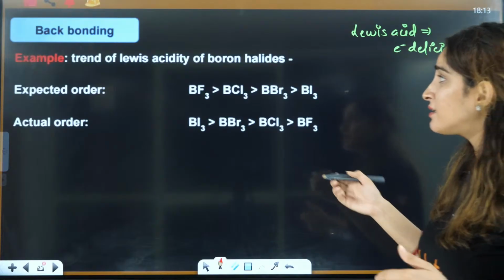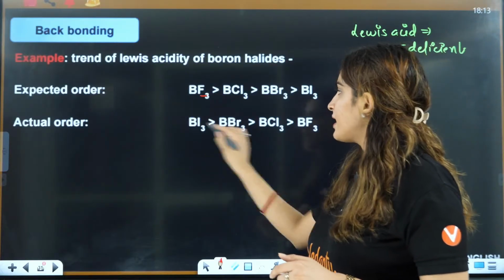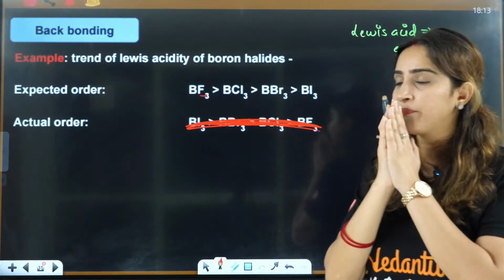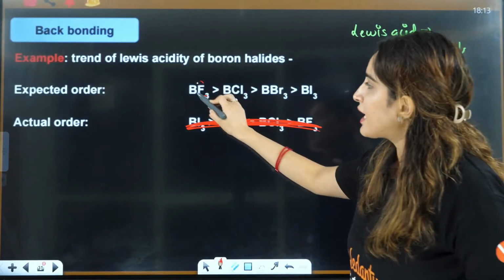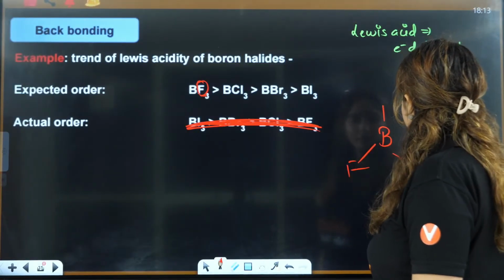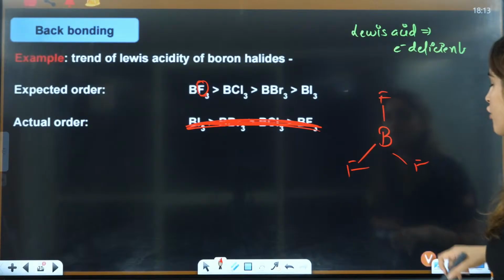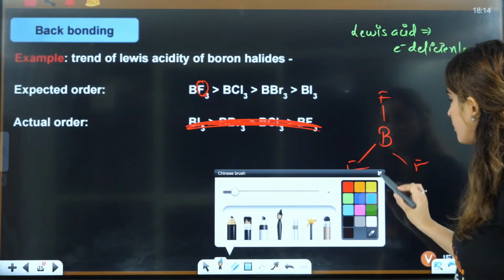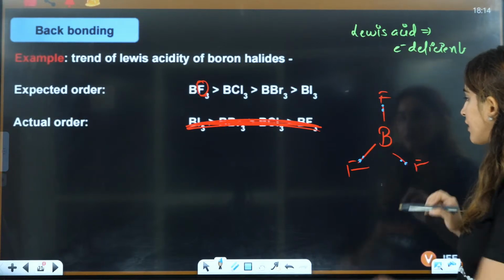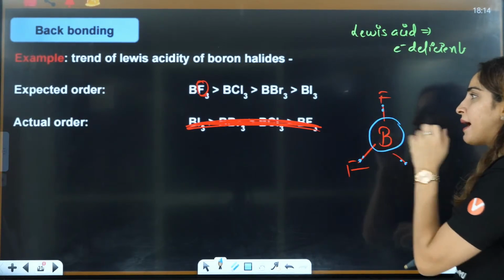So we know that fluorine, if I just talk about electronegativity, I'll say fluorine is most electronegative, right? This is how we make BF3. Fluorine is most electronegative, so the electrons will be here. That means the deficiency of boron will be maximum.